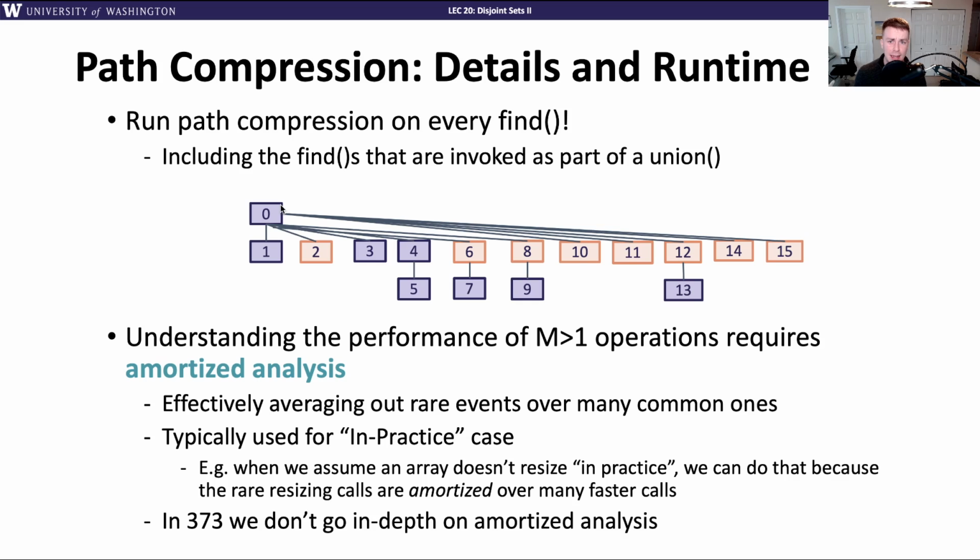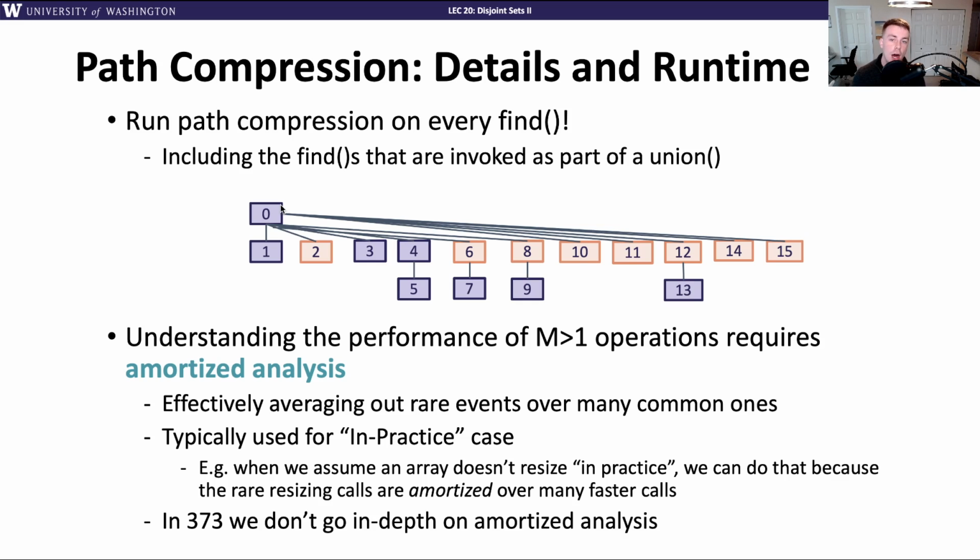And it's just giving a word to what we've been describing this whole time as our in-practice case. Like when we were talking about hashing or arrays, and we said, in practice, resizing won't be that inefficient. The idea is, yes, that one call where resize happens is totally inefficient. But then we get a bunch of calls that are really cheap, and that averages out, so that on average the whole thing is a cheap operation.